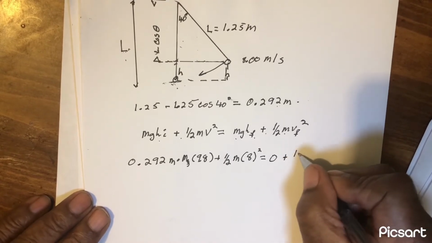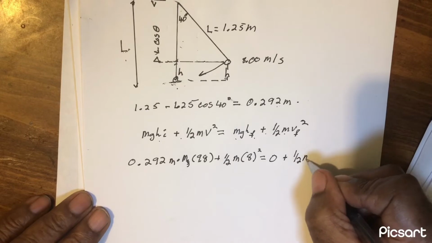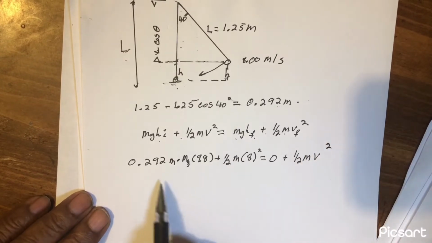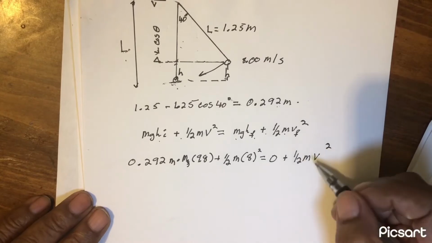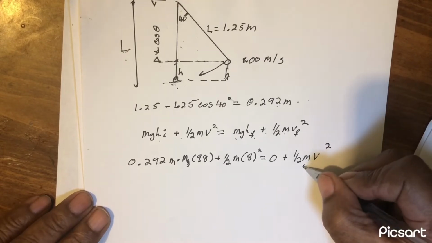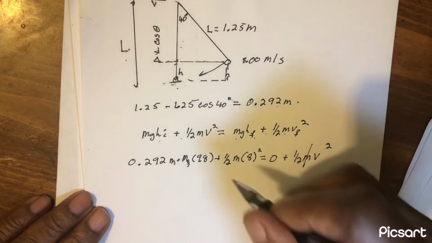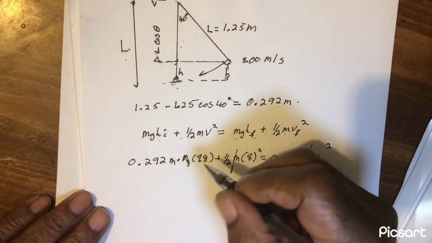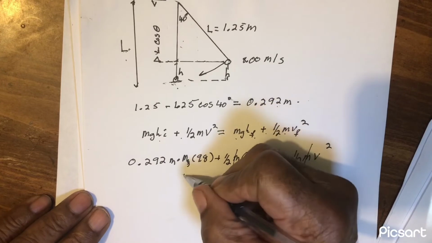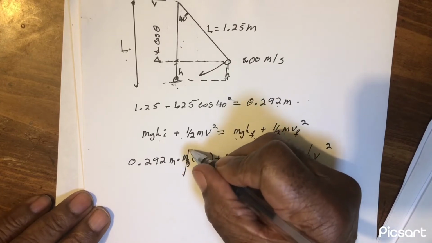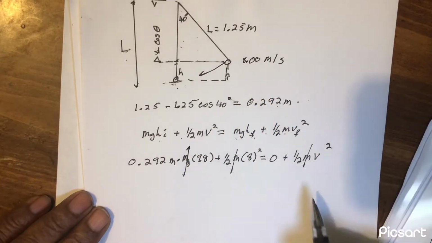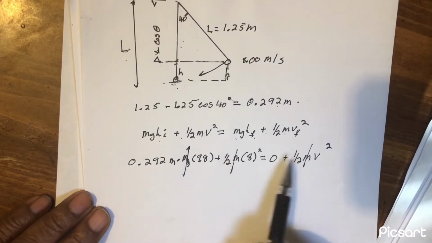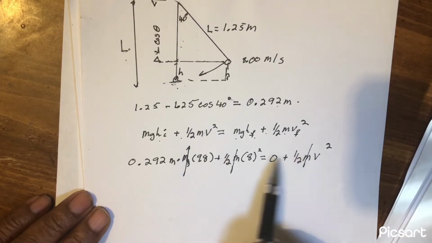So 1/2 mv squared. We notice all the masses will cancel. So we can cancel that mass, cancel this mass, and we can cancel this mass. And we have these 1/2. Well, that's nice.